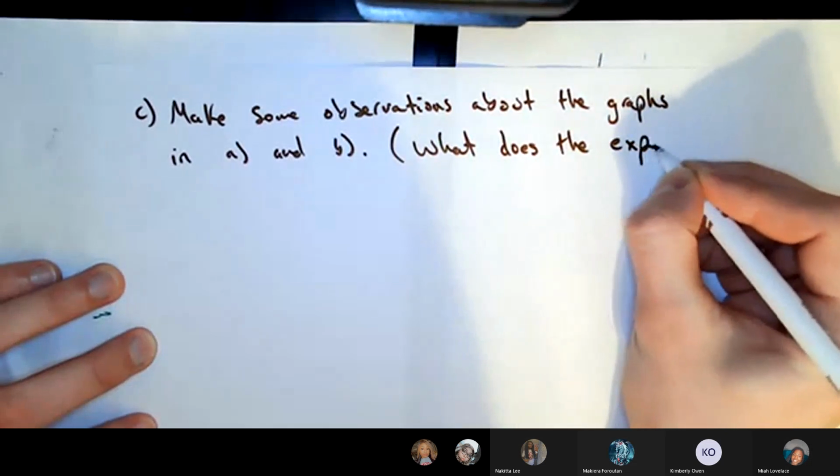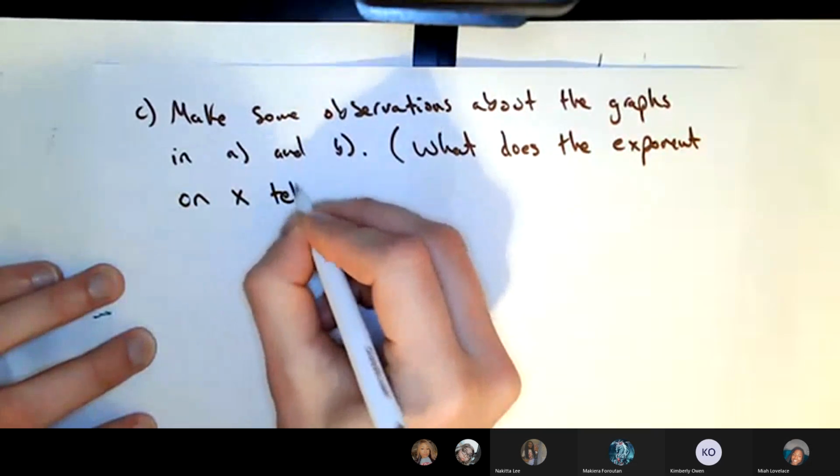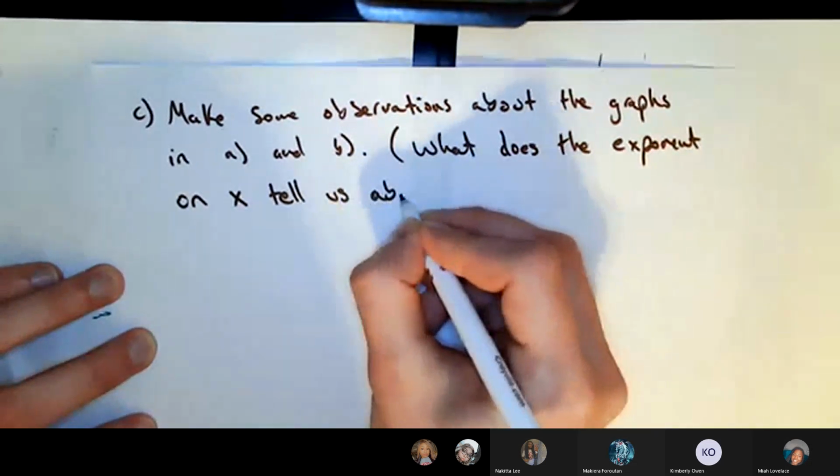What does the exponent on x tell us about the graph?